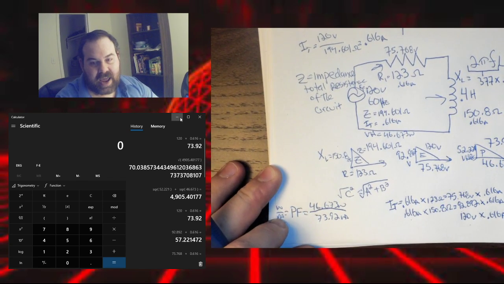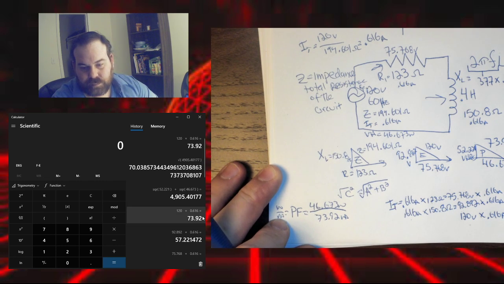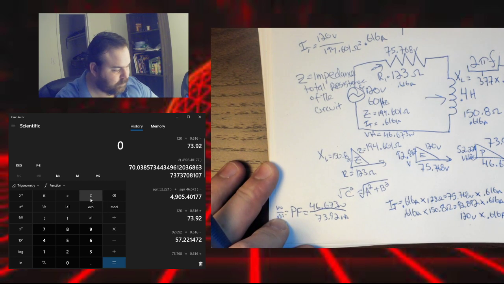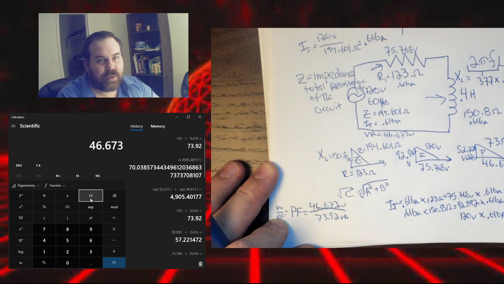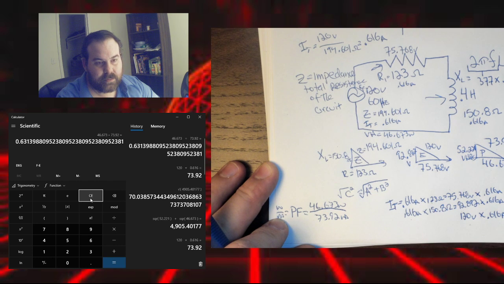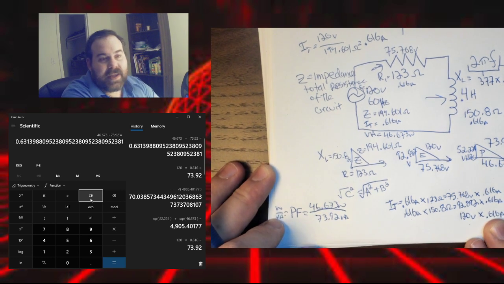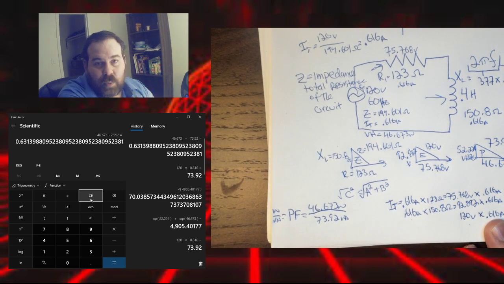So let's do that. 46.673 watts divided by 73.92 volt amps.